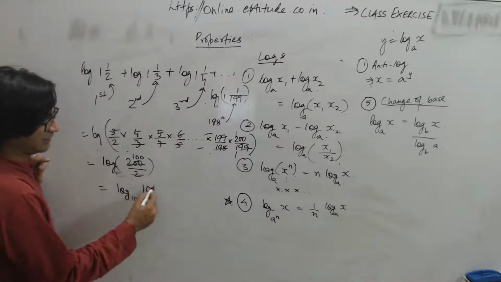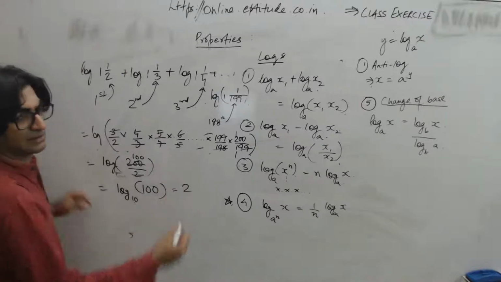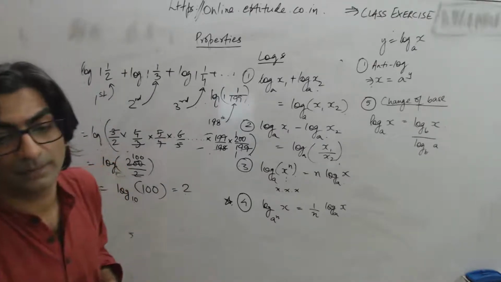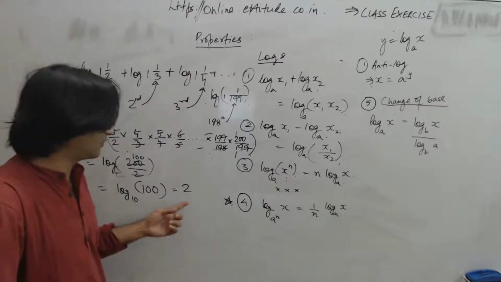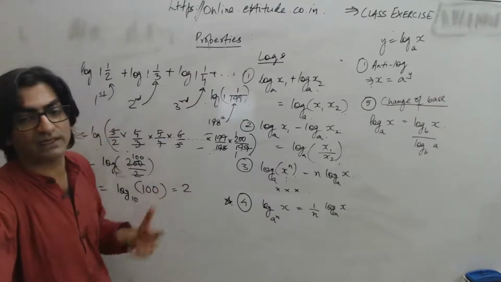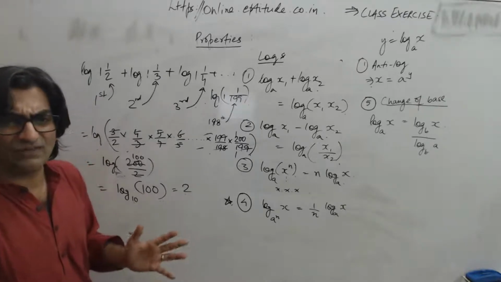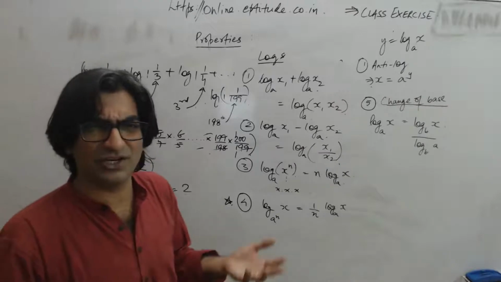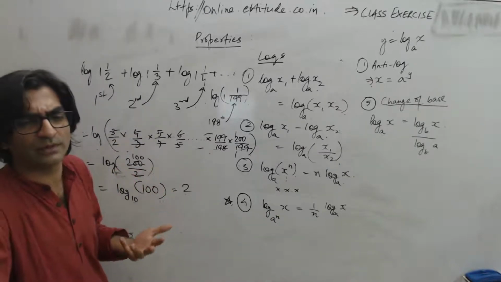So this is log of 100 in the base 10. What power of 10 makes 100? The second power. So 10 square is 100. That gives you the final answer as 2. Yeah, fair enough. What looks so hard isn't hard. Actually, all of these questions should be done under 1 minute. Shouldn't take you more than a minute.